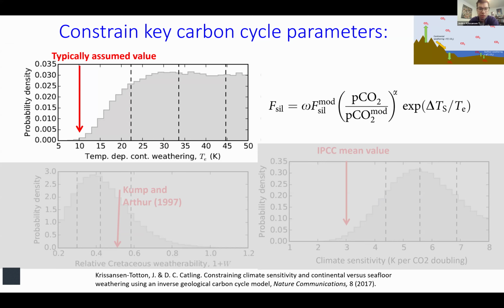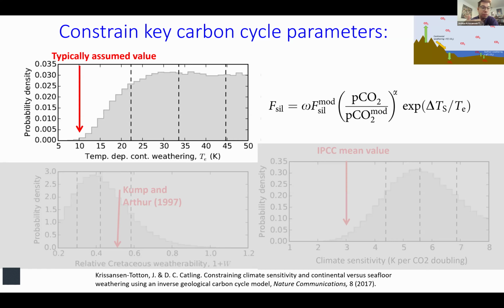On the right here is the nominal equation we use for the continental weathering flux, and you can see it depends on the change in surface temperature. It's the exponential of the change in surface temperature divided by this e-folding temperature, TE. That defines the sensitivity of weathering to temperature. When that TE number is large, you need a large change in surface temperature to achieve a given change in weathering.